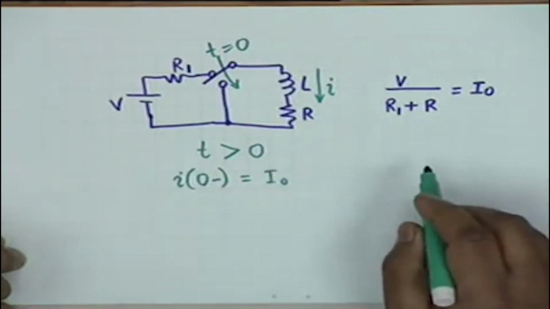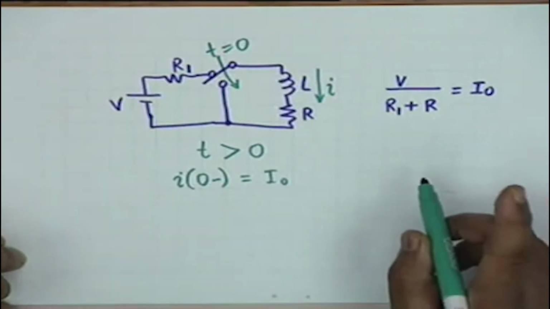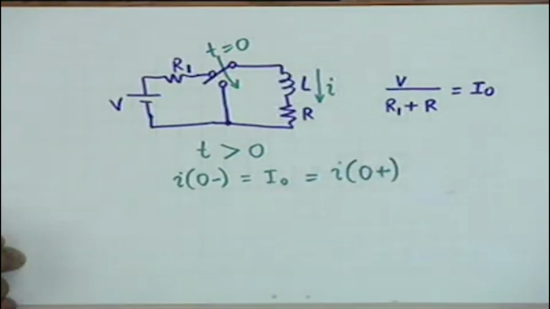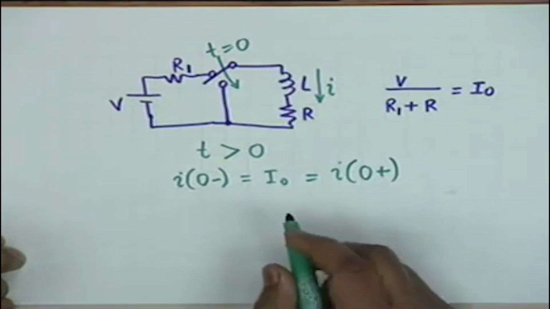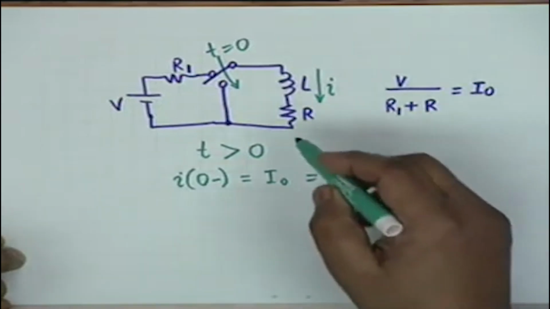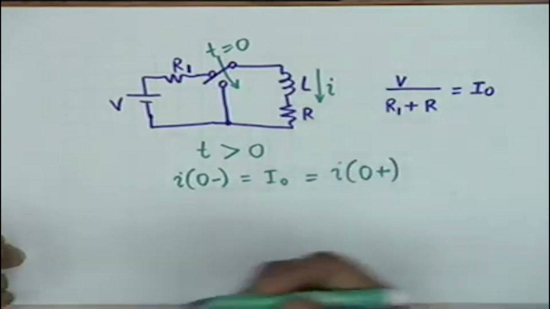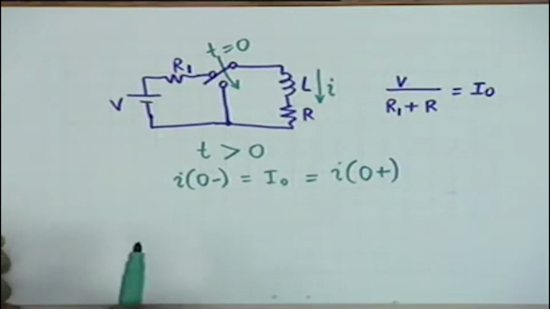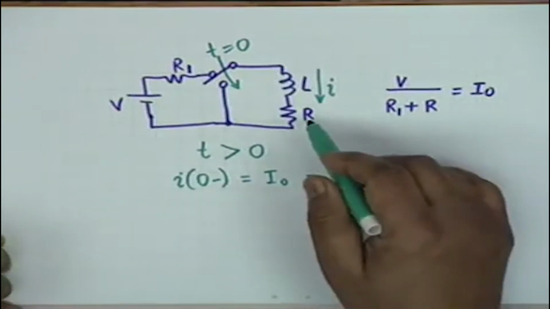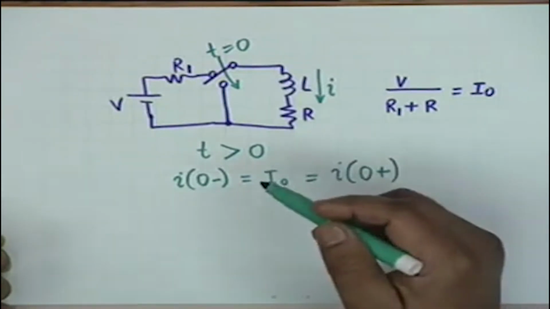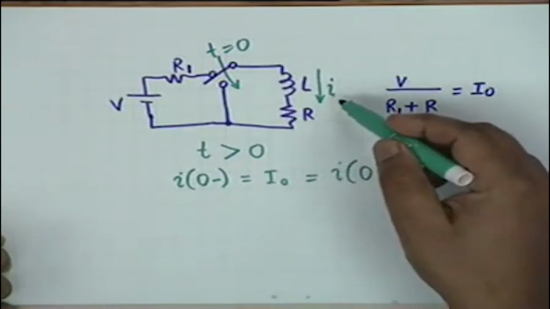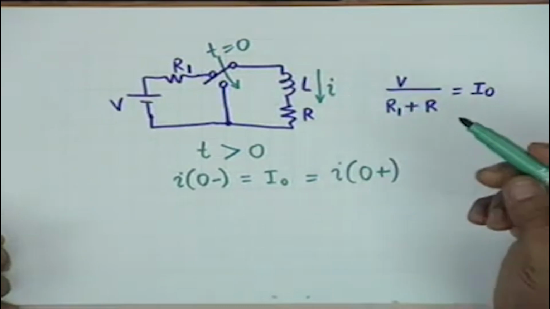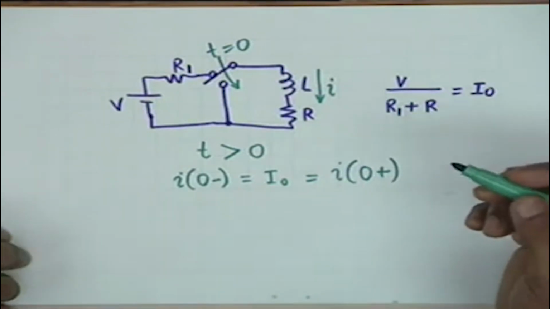And you know the energy of an inductor cannot change instantaneously, and therefore this will be I of 0 plus also. Alright, and you can see that as time passes, the inductor shall lose its energy to the resistor. The resistor will dissipate that energy, and gradually this current should diminish with time, and at time t equal to infinity, the current should diminish to 0.